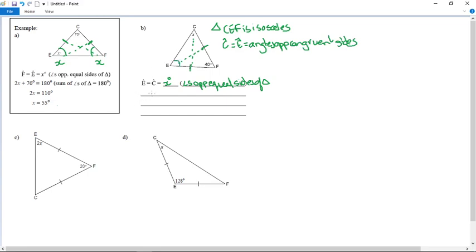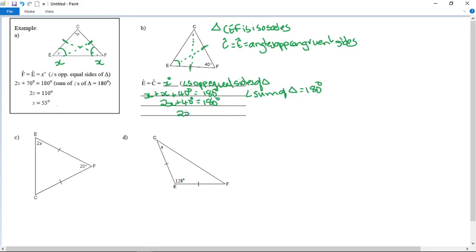Now if we have a look at this triangle, our job is to work out what size x is. So we know x plus the last angle, which is 40 degrees, is going to be equal to 180 degrees, and we can't write this mathematical sentence down without writing the reason. So we can say angle sum of triangle equals 180 degrees. So let's go back to the maths. x plus x is 2x plus 40 degrees equals 180 degrees.